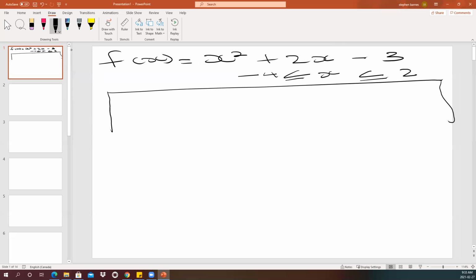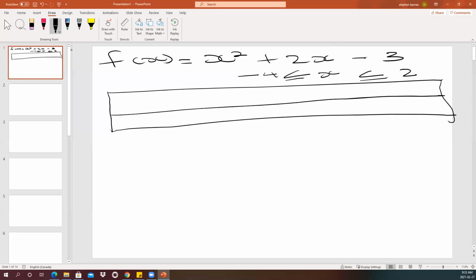So let's just work this out. So our x values will be -4, -3, -2, -1, 0, 1, and 2, right?